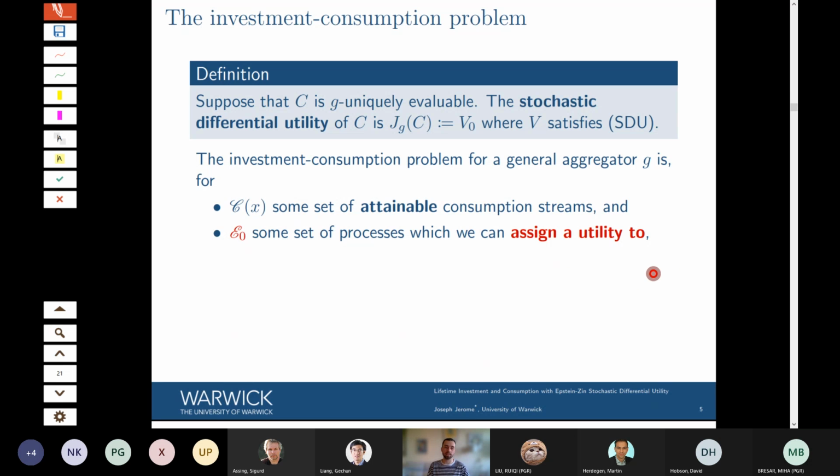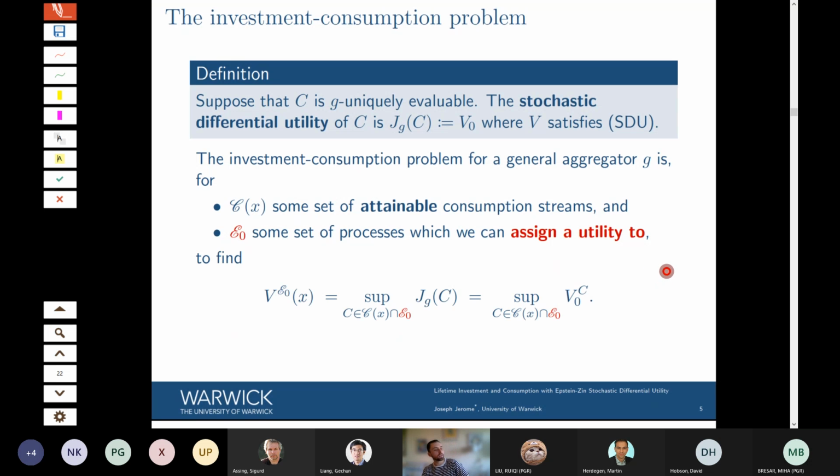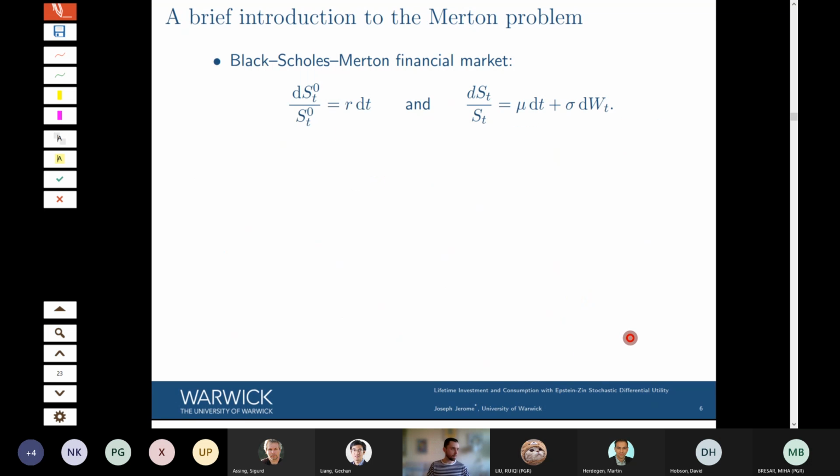What we want to do is essentially expand the definition of a utility process later, so that we can consider some things that were previously restricted. So given this set of attainable consumption streams that we can assign a utility to, we want to just find the supremum over all of these of the stochastic differential utility.